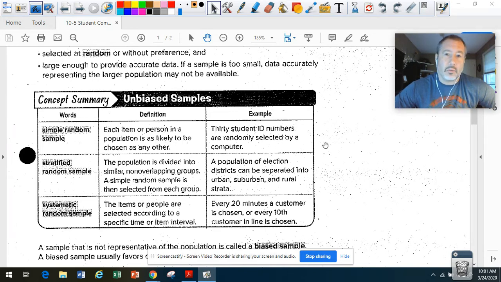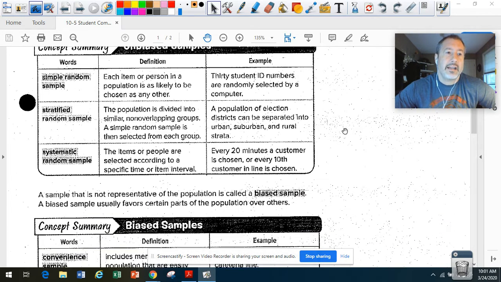Let's look at this next one, the stratified random sample. The population is divided into similar non-overlapping groups. A simple random sample is then selected from each group. A population of election districts can be separated into urban, suburban, and rural strata.